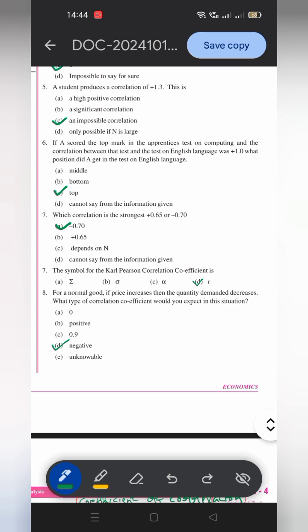If A scored the top mark in the test on computing, and the correlation between the test and the test on English language was positive 1.0, what position did A get in the test on English language? Answer is C, top.